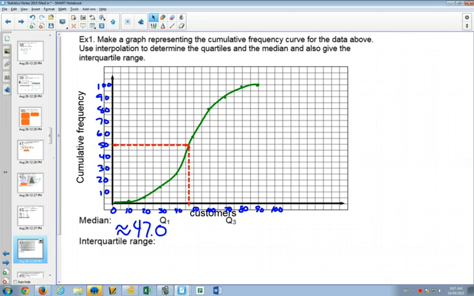If I wanted to find my quartile 1 and my quartile 3, what values would I use? Since I have 100 in total, quartile 1 is going to be about 25. Quartile 3 is going to be about 75. So I'm going to go from 25 over until I hit my graph, and then down from there.